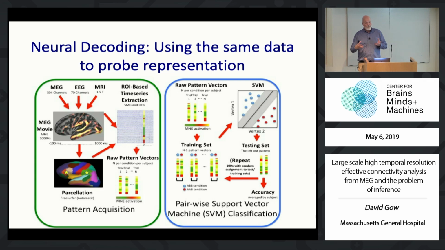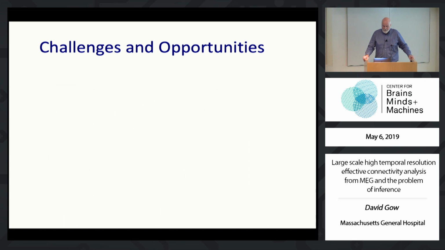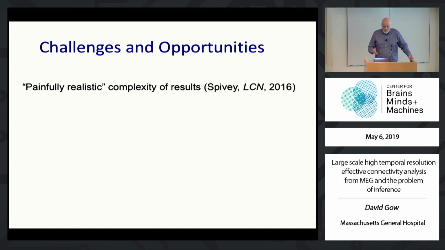So here's a way that we can circle this together and put together these different kinds of processing. A couple things come out of this. One, there was some commentary written about one of our papers, and Mike Spivey came up with my favorite line. He said that our data were painfully realistic when showing brain activity. So there's a lot of complexity there.